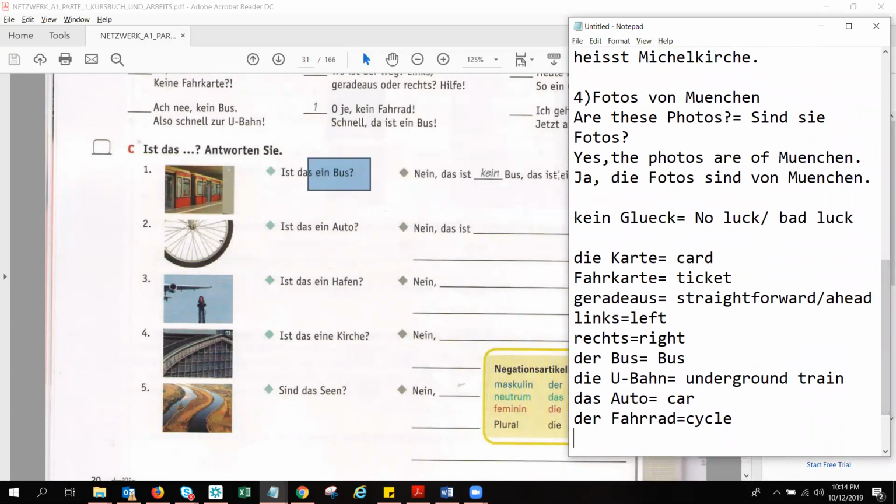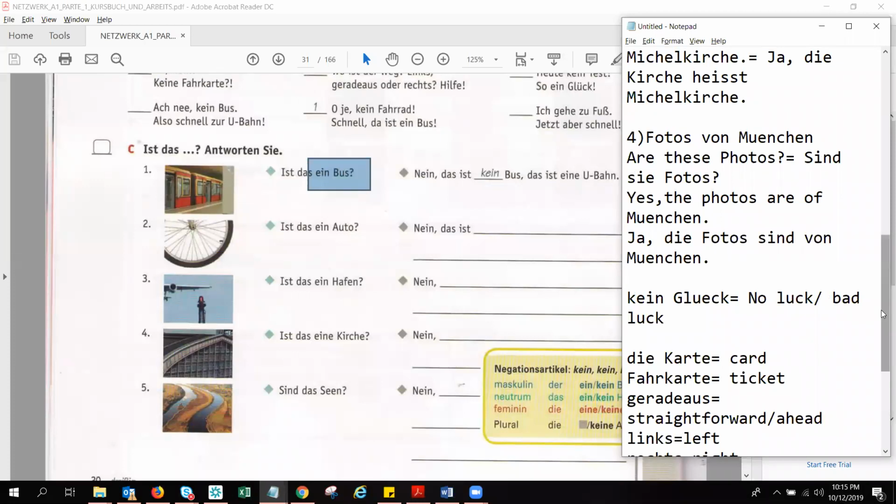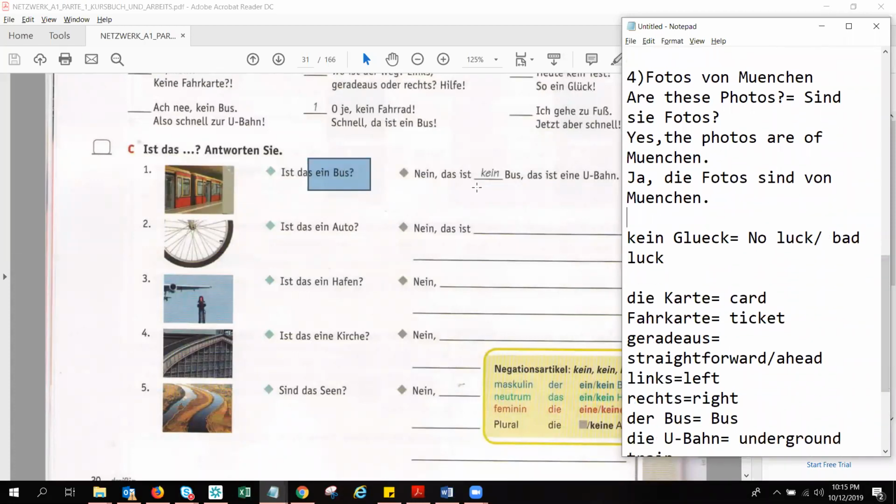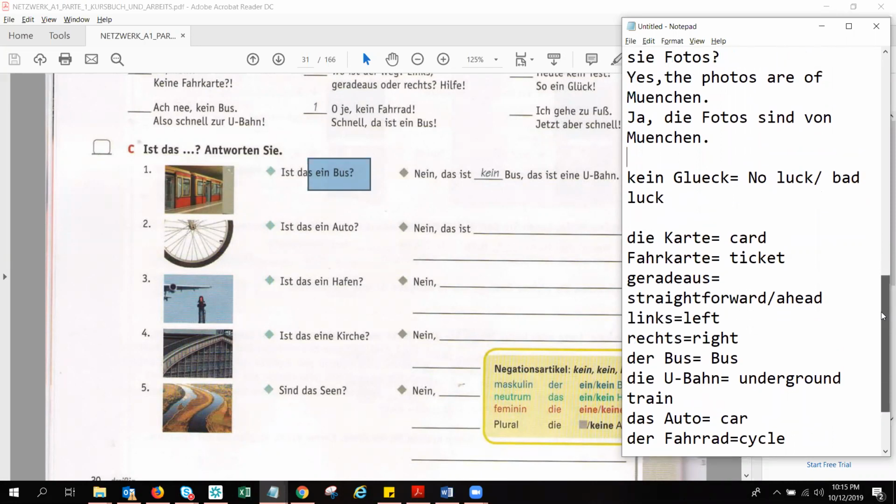Then it's written nein, das ist kein Bus. Kein because the bus article is der. Nein, das ist kein Bus. No, this is no bus. Das ist eine U-Bahn. Eine because the U-Bahn article is die. That's why it is eine.